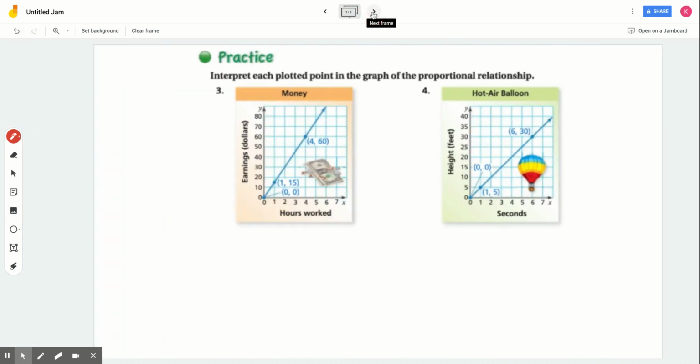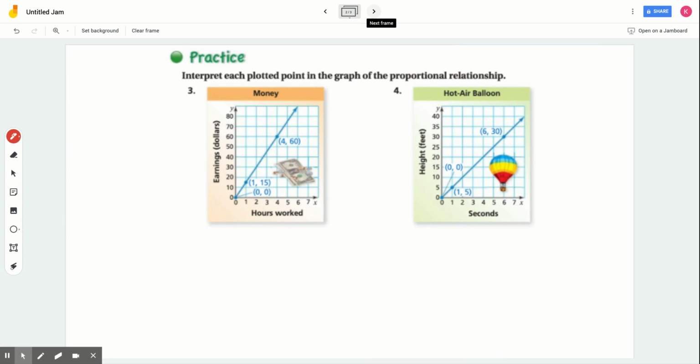Now, on the next couple, it says to interpret each plotted point in the graph of the proportional relationship. So it says this is a proportion. What does each point on these graphs mean? So at the point 0, 0, you're going to get $0 for working 0 hours.